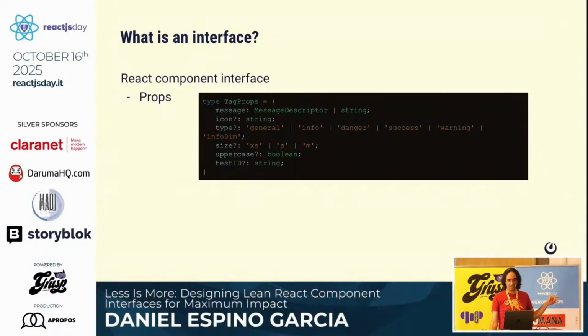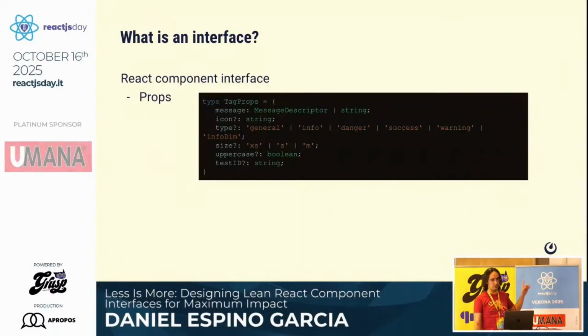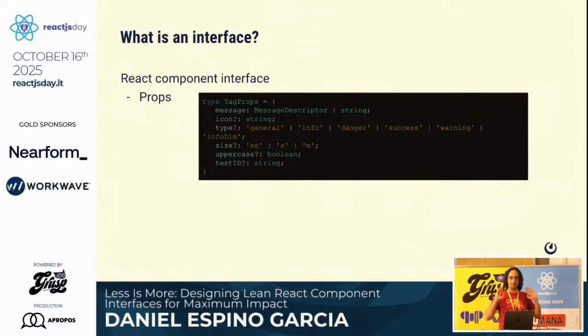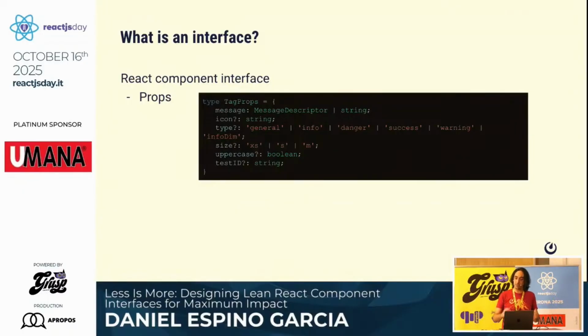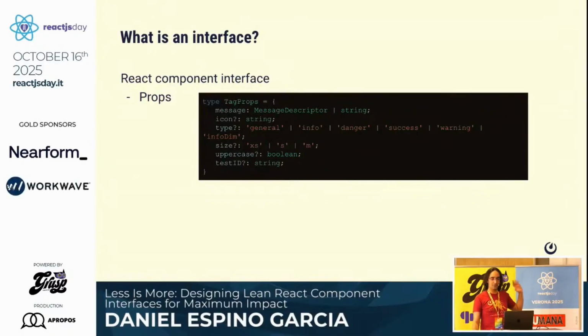For example, I don't know if this is the latest version, but this is a real example of how our tags work in Mattermost. We have some types, and those are the types. You cannot use an arbitrary string for the type. You have to use one of those. Similar for the size, it's not an arbitrary number, it's one of those.